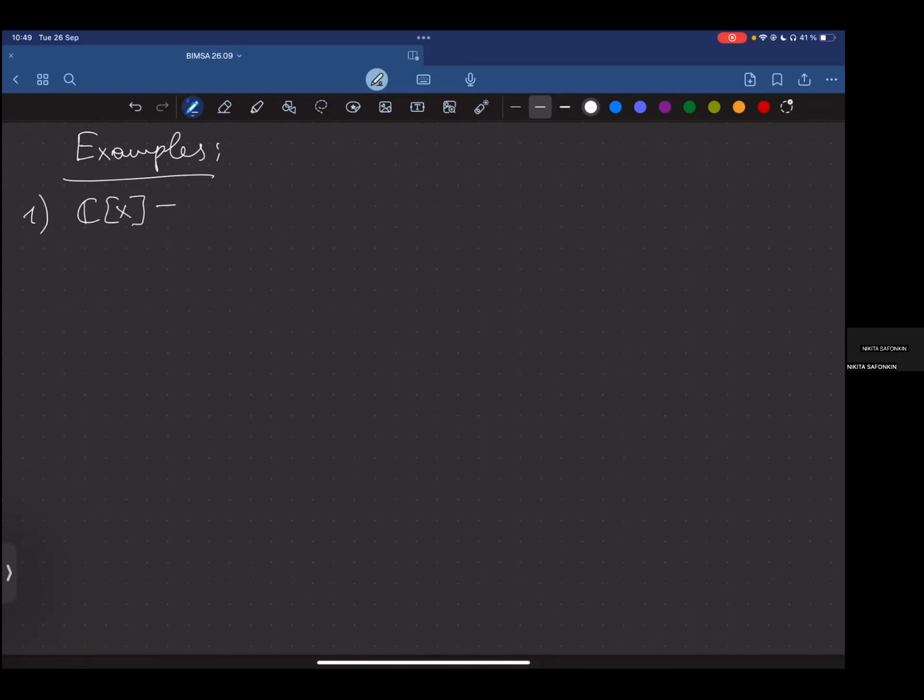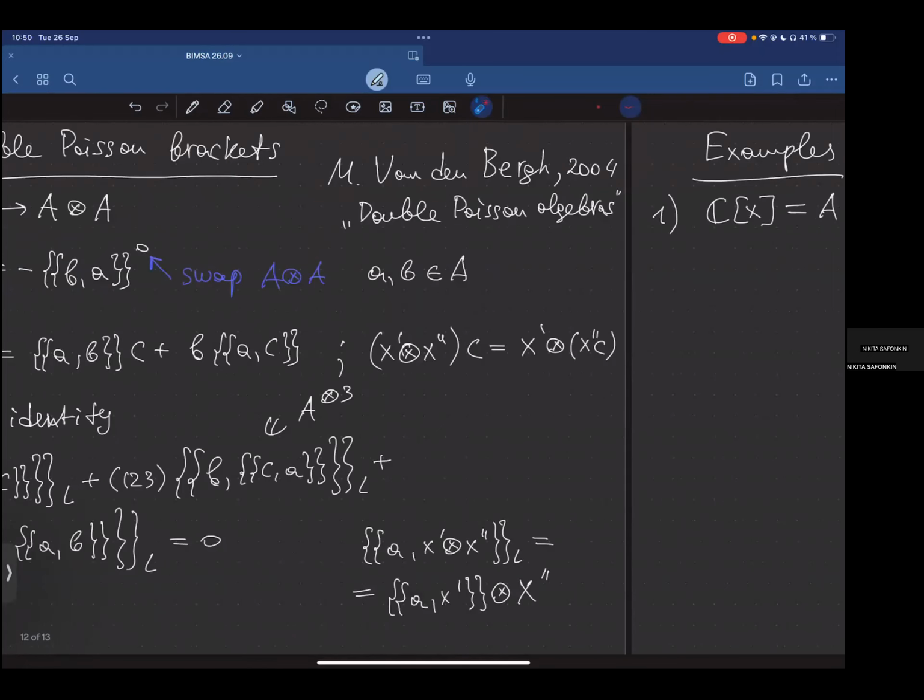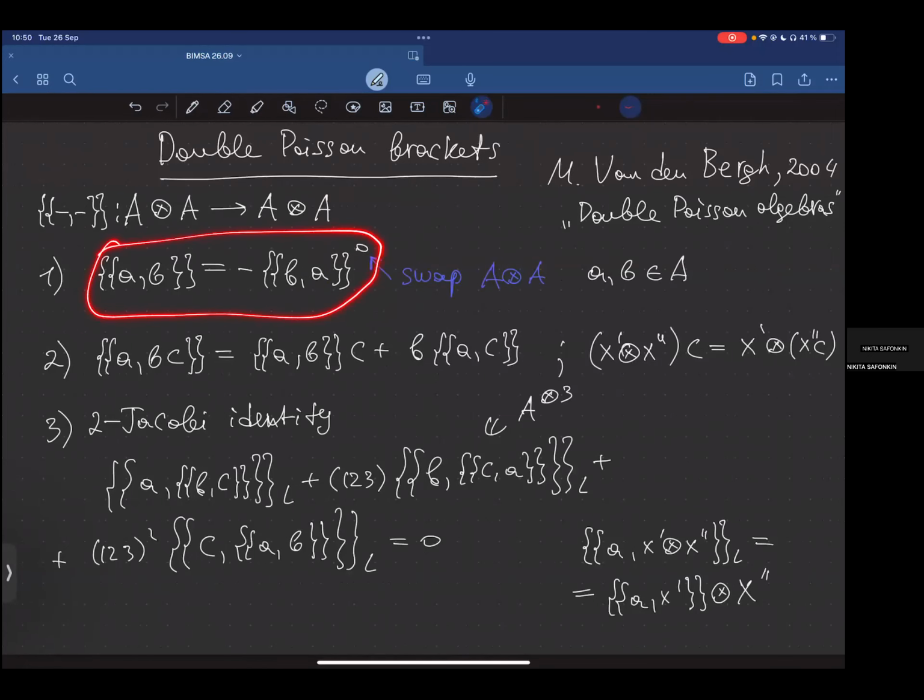We take as A the polynomial algebra in one variable, and we define the double bracket as follows. So in fact, this is not 0, unlike for ordinary Poisson brackets, because this skew commutativity is not the ordinary skew commutativity, due to this swap of tensor factors.